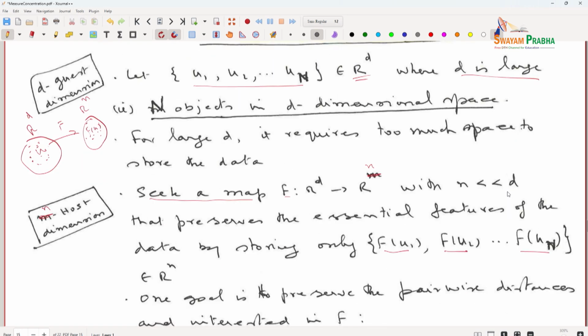We also saw that if I have an equilateral triangle in 2D, A, B, C, and try to map into 1D, we can preserve the distance AB and AC, but we cannot preserve the distance between B and C. This essentially tells you the property of pairwise distances cannot be preserved when you map points from a high dimension to a low dimension.